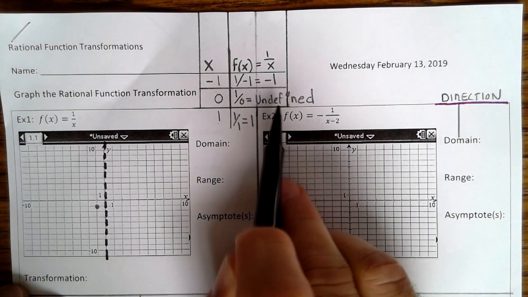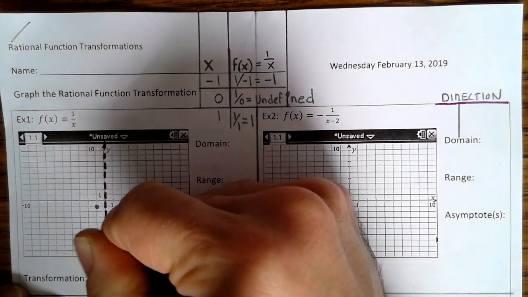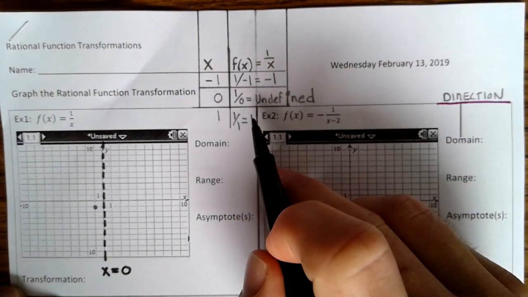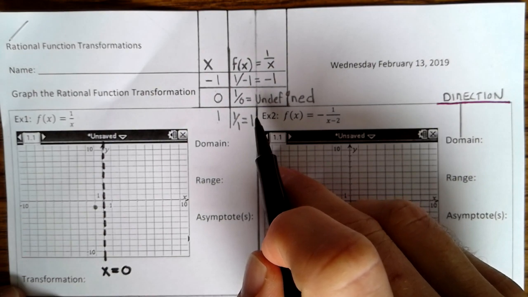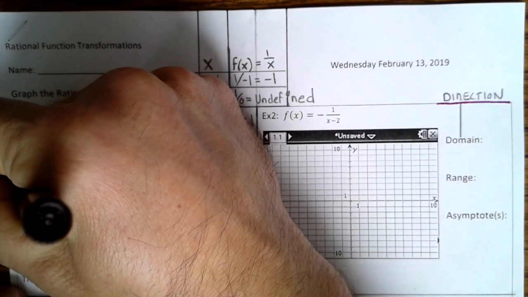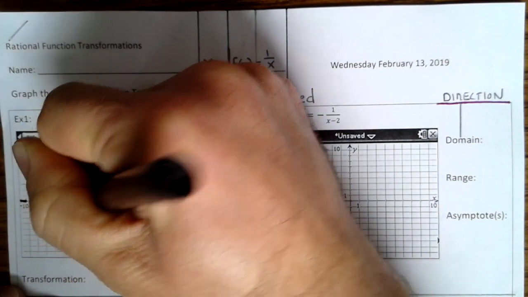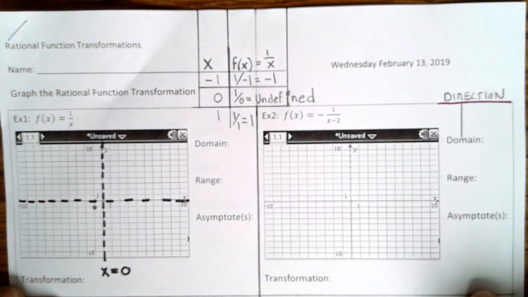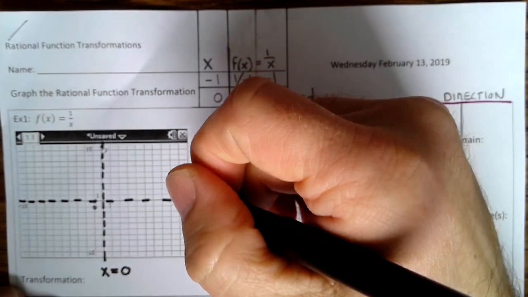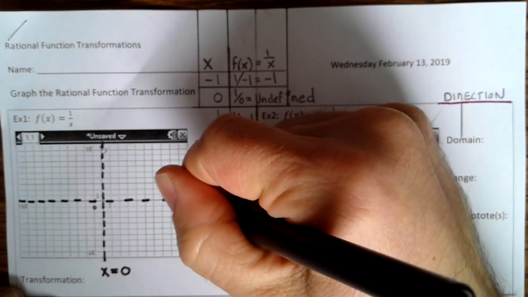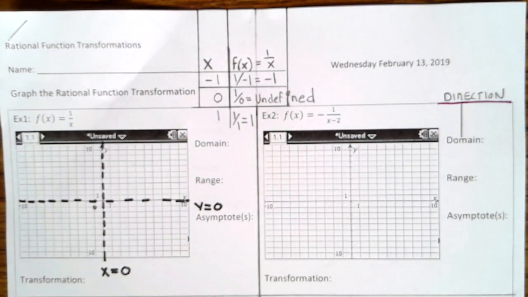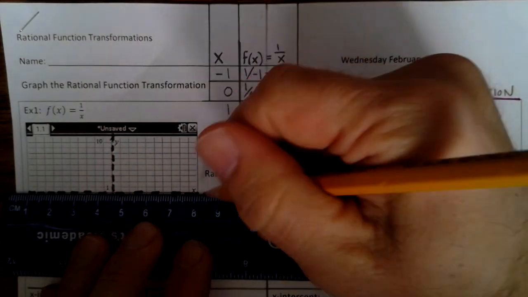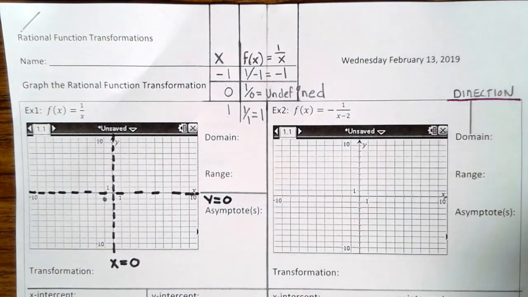So x equals 0 is undefined. And also in this case, y equals 0 is undefined. Okay, and then our next point is 1, 1.